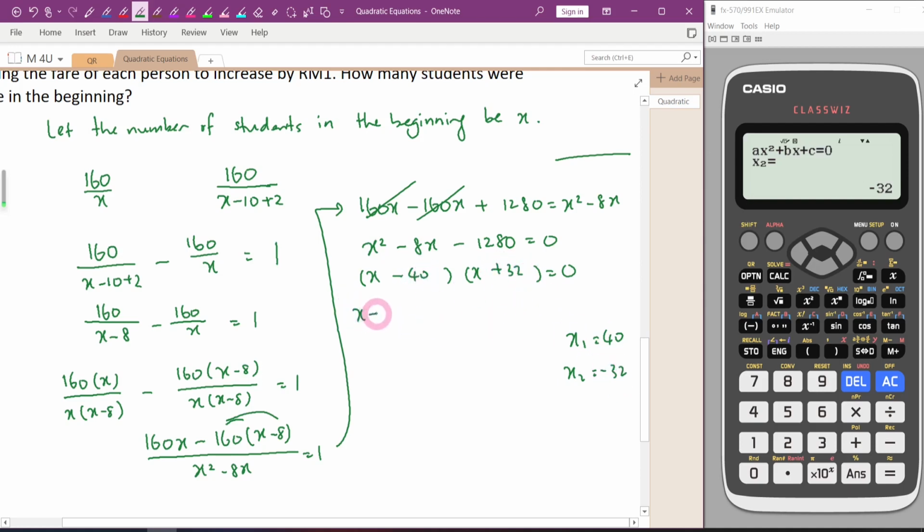Okay, x minus 40 is equal to 0, or x plus 32 is equal to 0. x is equal to 40, x is equal to negative 32. Not accepted because the number of students cannot be negative.